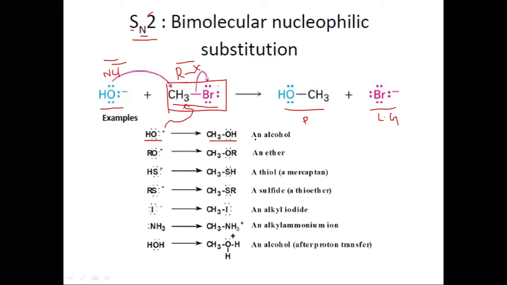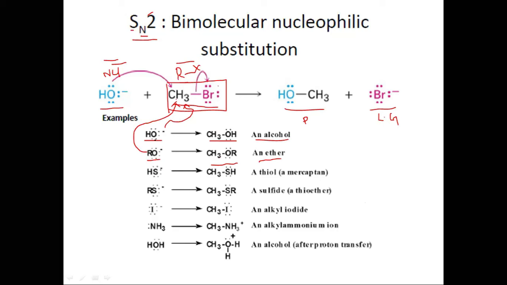So an alcohol can be prepared. Similarly, suppose instead of OH minus you are using RO minus as a nucleophile, then RO minus prefers to attack the carbon which carries the leaving group, which leaves, and you will get the product CH3OR. So that is an ether.